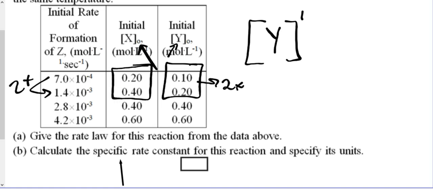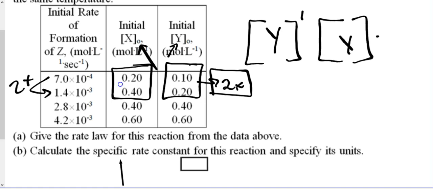When this doubles, what happens to this rate? Okay. The rate doubled, right? But that was because of y. Did it do anything more than double? No. That means that whatever I put in for x, nothing happens. So what exponent causes nothing to happen? 0.